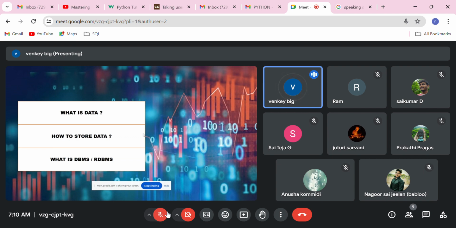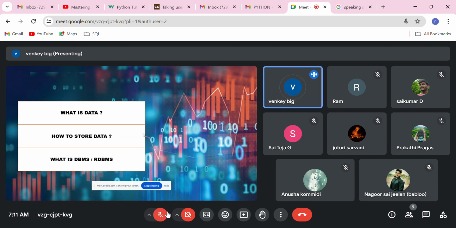Okay, so I have a UI, I have an API, but if you don't have a DB, then there is no use of that application, right? Because it has to read data from the database, it has to push data to the database.